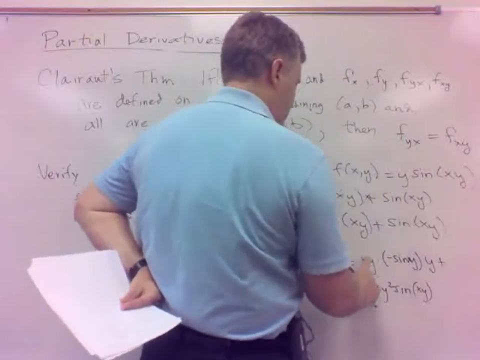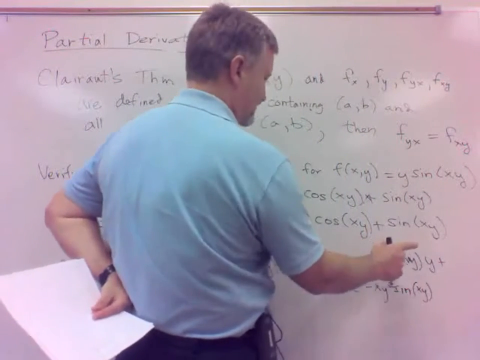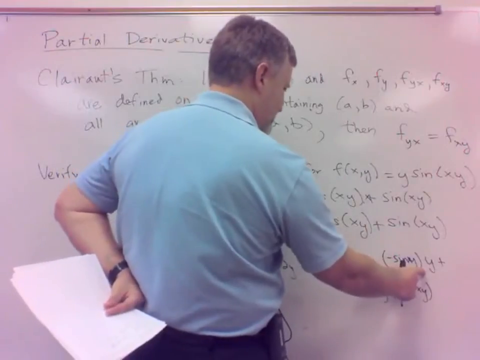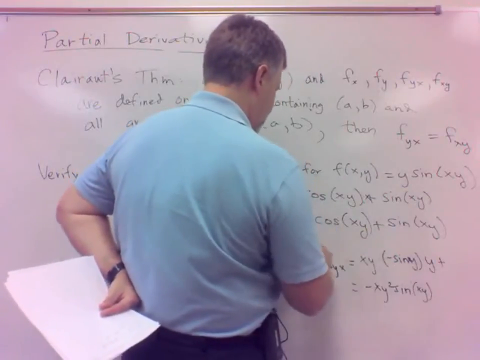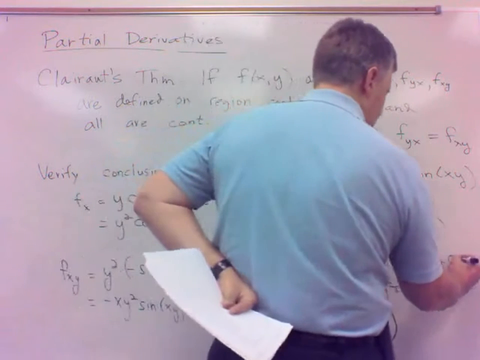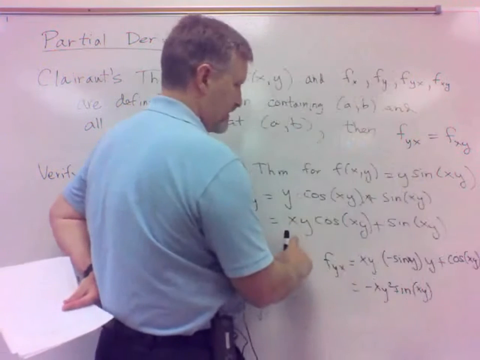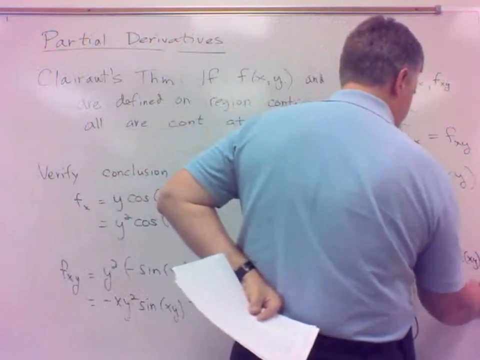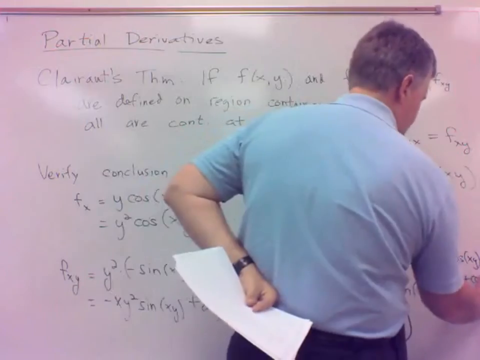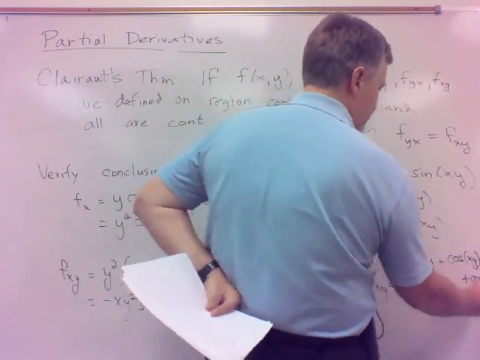All right, so then for this one, I'm a little confused. I could have picked a better one probably. All right, so reverse that, it'd be cosine of xy times the derivative of xy with respect to x, which would just be y. Then I would do the derivative of that, which would be cosine of xy times the derivative of the inside, which would be y.